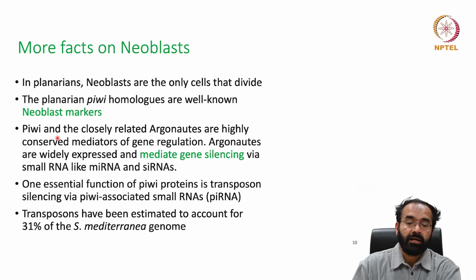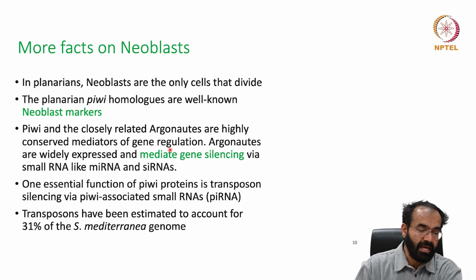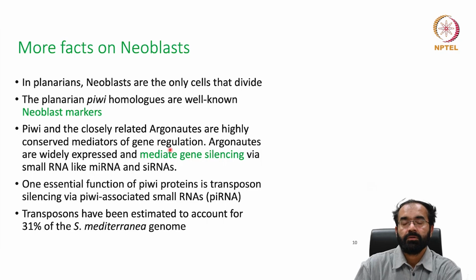So PIWI and the closely related Argonautes, another group of proteins, are highly conserved mediators of gene regulation. Like I told you about siRNA, and also shRNA, it binds to the mRNA and degrades it, right?